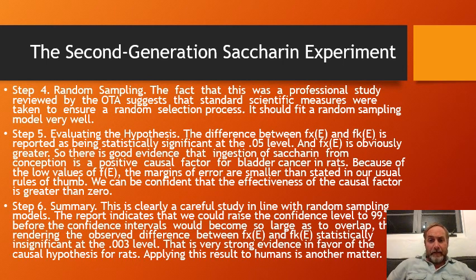In this case, using our rules of thumb, it wouldn't actually come out significant using our method, and they explain why here. You may recall one of the slides where we mentioned this when we were talking about statistics. When you get really low values, out towards the tails of the distribution, like 0% of something, the margins of error start to get smaller than in our usual rules of thumb.